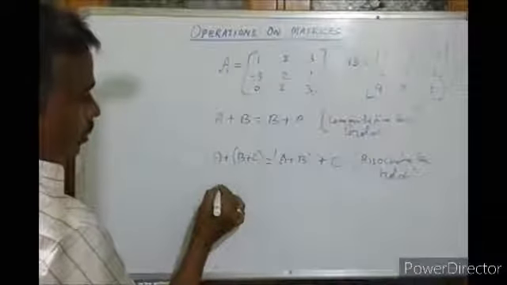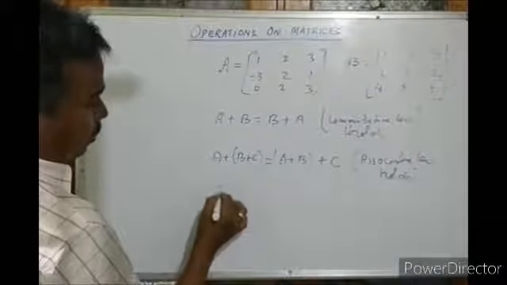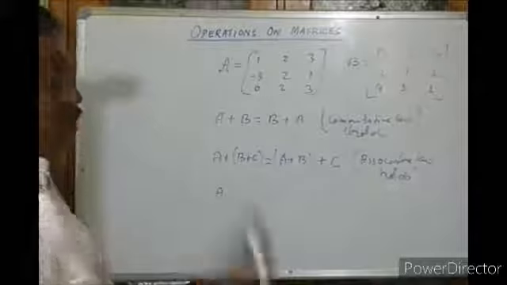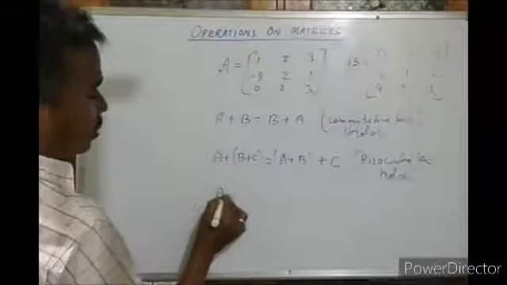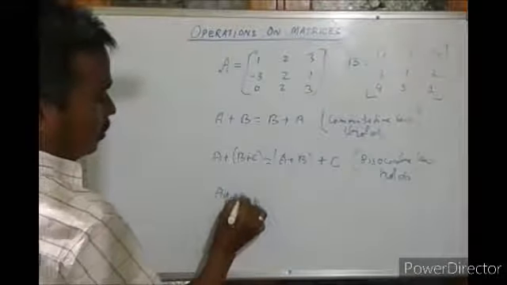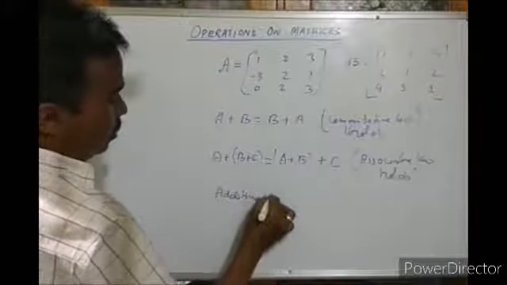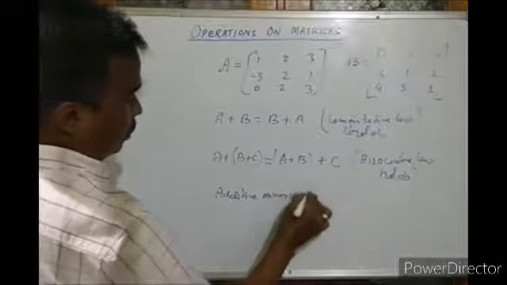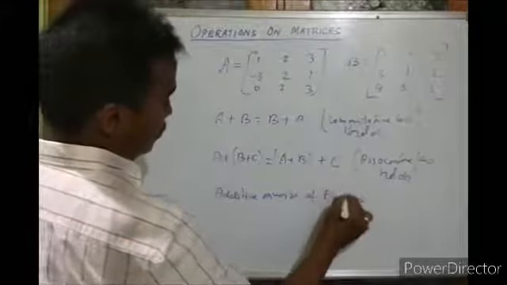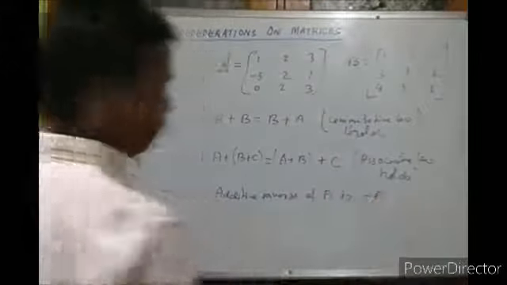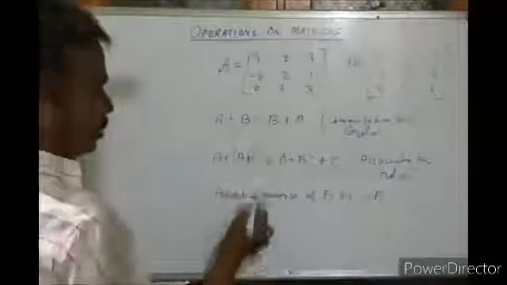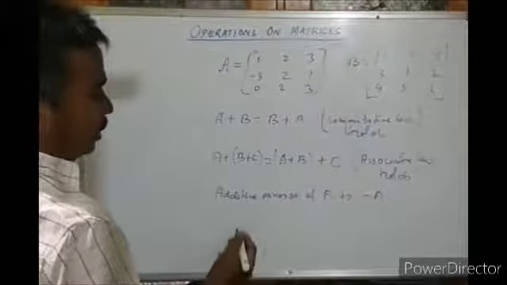And next is additive inverse. Additive inverse exists. The additive inverse of A is minus A. If we multiply A by minus 1, then we get the additive inverse.